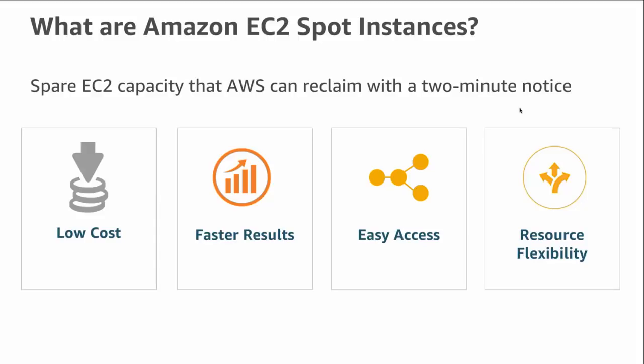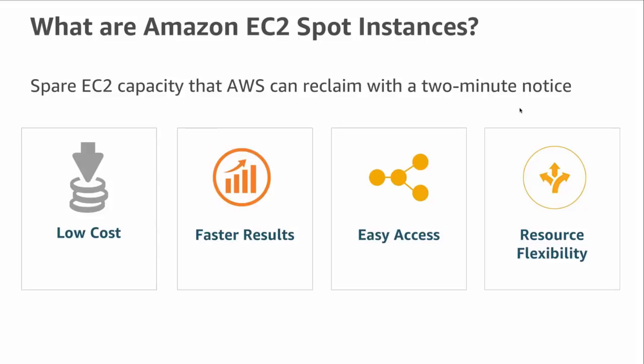You can launch Spot instances directly from other services, through multiple APIs. We offer a lot of flexibility around how you can request Spot instances. And finally, there's a lot of resource flexibility, where you can use different instance types and sizes and tap into the architecture and compute capacity that you need for your own workloads.